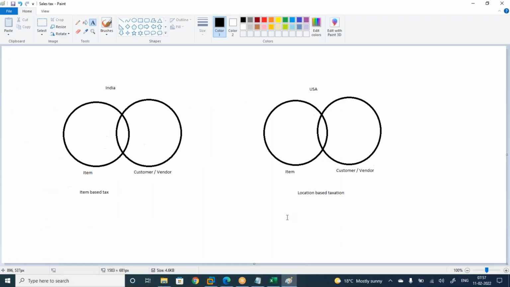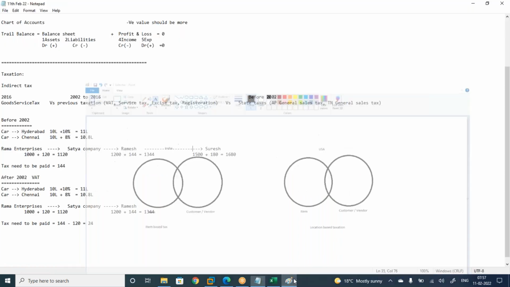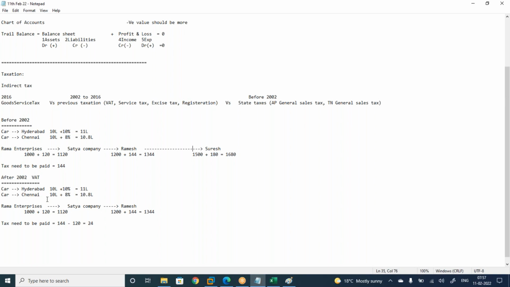So in the USA, based on the location, this tax is there, and there is no input credit at the time of purchase. That input credit will not be possible; you cannot adjust it at the time of paying sales tax. But in India, it is a chain, and you cannot break it.